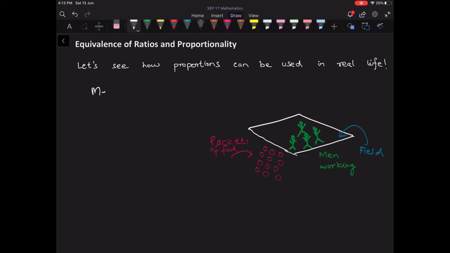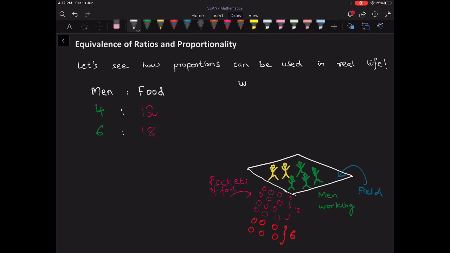The ratio between men and food then becomes 4:12. What if 2 more men join the team? We see that they would require 6 more packets of food to suffice. So for a total of 6 men, we would require 18 packets of food.